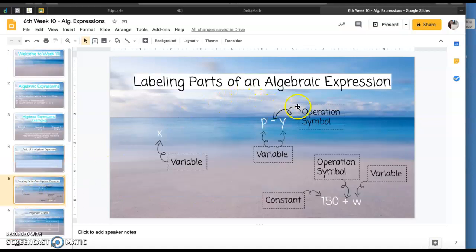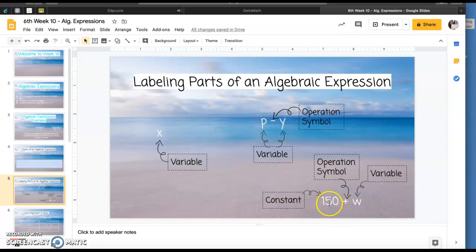So now we're going to label parts of an algebraic expression. Here was our first algebraic expression from slide 3. That's a variable. And that's it. There's nothing else there. Here was the next example, p minus y. We have a variable here, a variable there, and an operation symbol, subtraction. Over here, 150 plus w.